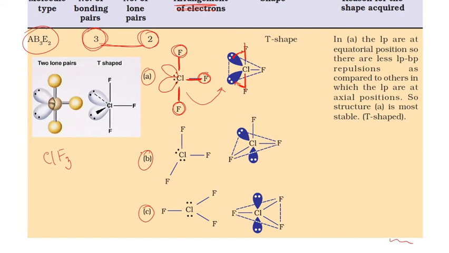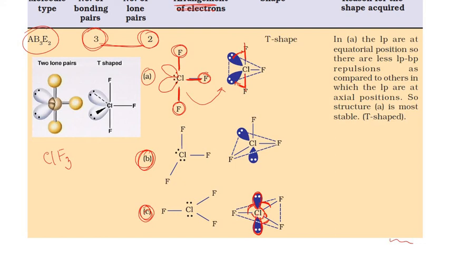If you see in the case of B or that of C, right? What you can see is that here in the case of C, the lone pairs are in axial position, above as well as below. So when it is present above, it is going to interact with this equatorial bond, with this equatorial bond, along with this equatorial bond. Similarly, the lone pair which is present below will also interact with these 3 bonds.